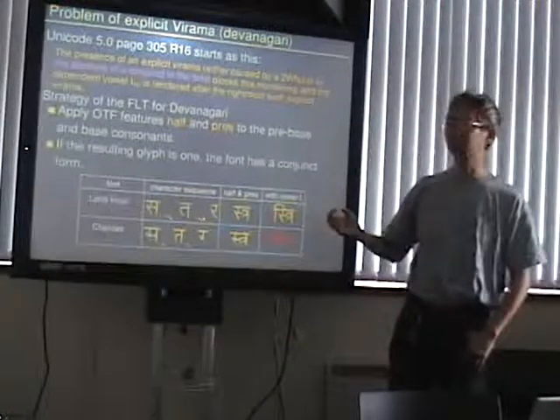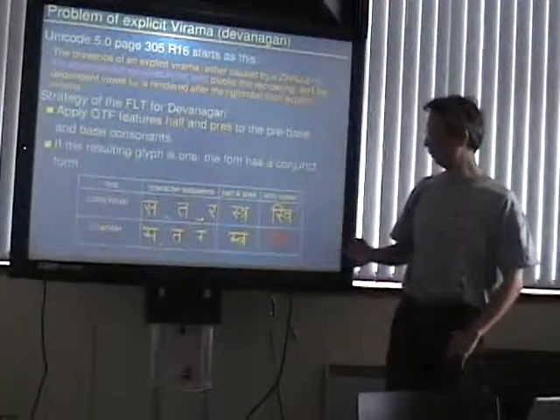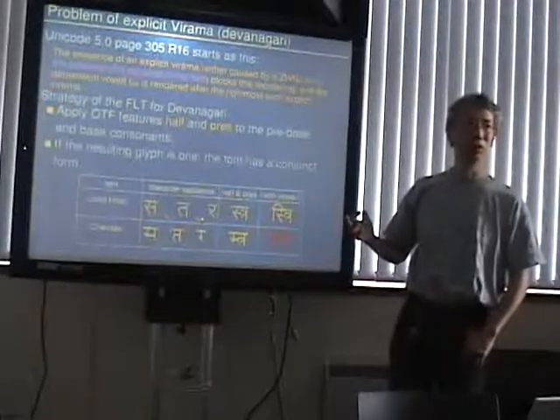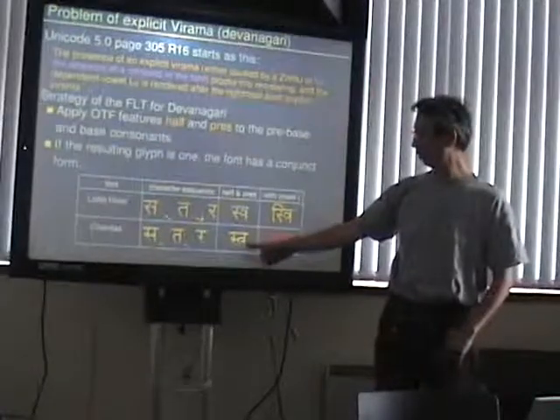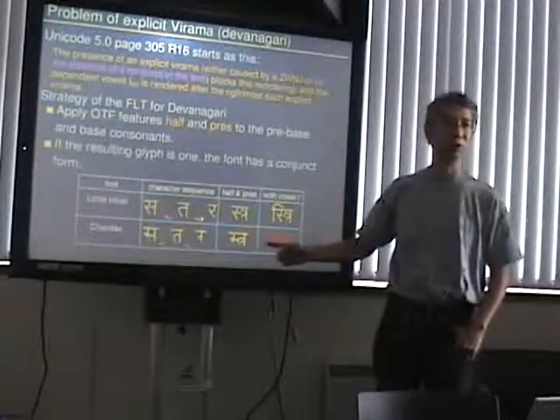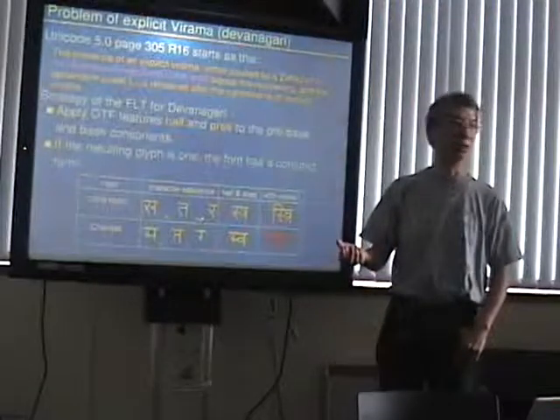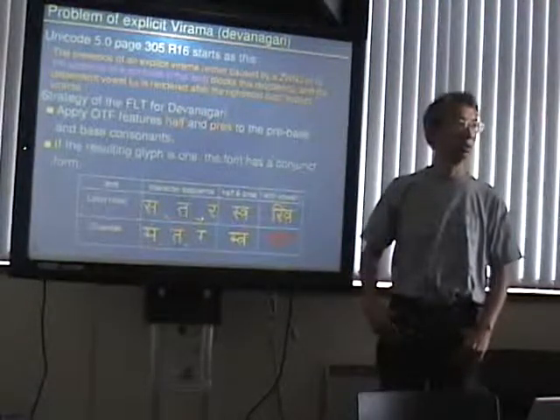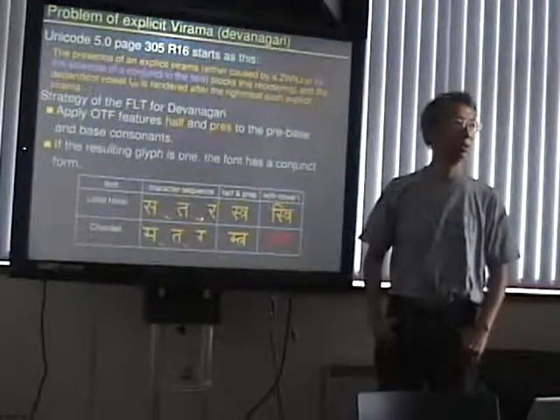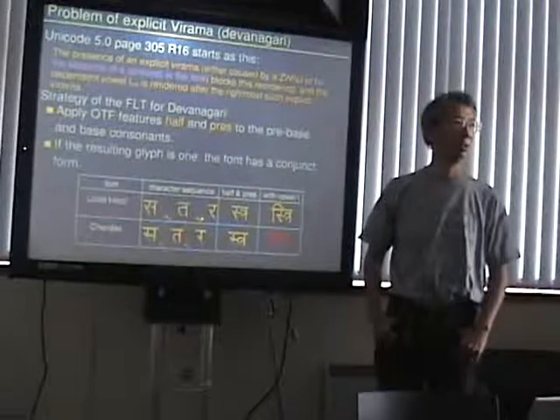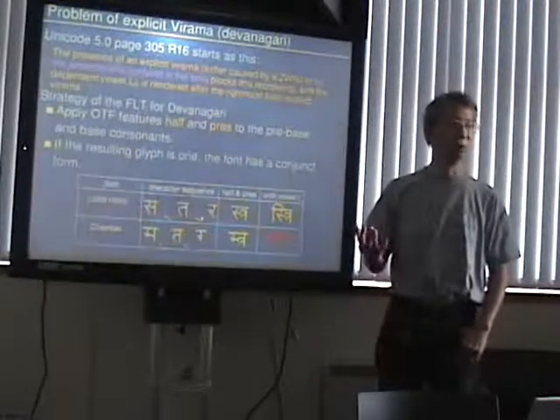But as far as I know, with OpenType, I don't know how to check whether some forms have a conjunct form or not. All we can do is just try to apply some feature. Well, I think you have to do it like you have to do for some of the other scripts. You have to move it to the front, run all the substitutions, and then check to see if you have to move it somewhere else. Yeah, but it's kind of a pain.